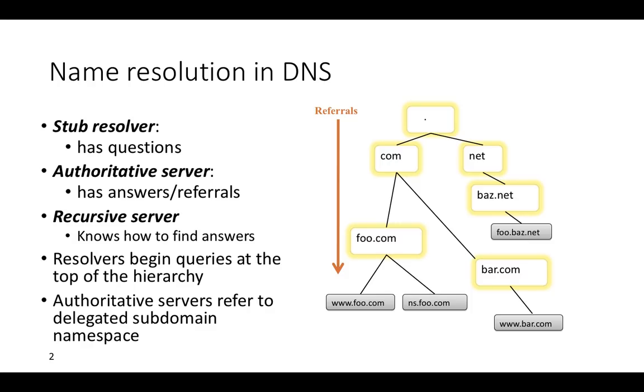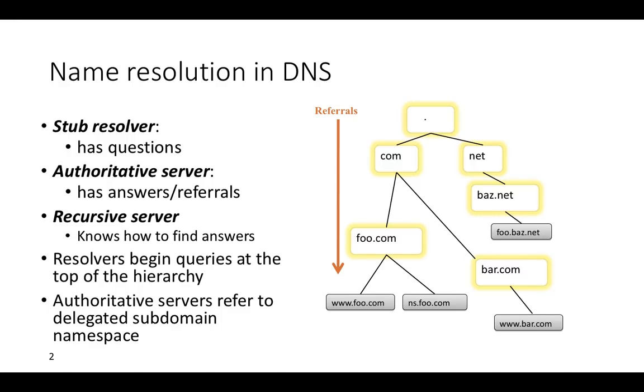Okay, well, your browser then needs the stub resolver to be able to figure that out. So the stub resolver has the question given to it by the application. But then the stub resolver has to ask someone else. Eventually it has to go to what we call an authoritative server that has the answers.